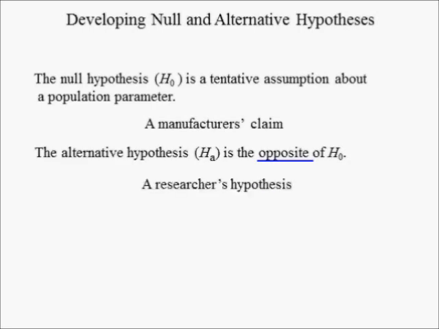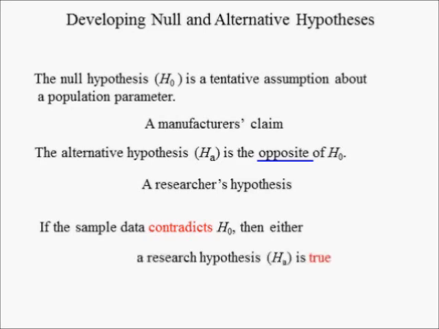A researcher's hypothesis is formed as an alternative hypothesis. If the sample data contradicts the null hypothesis, then either a research hypothesis stated as the alternative hypothesis is true, or a manufacturer's claim stated as the null hypothesis is false.